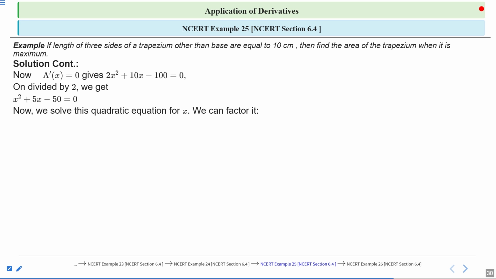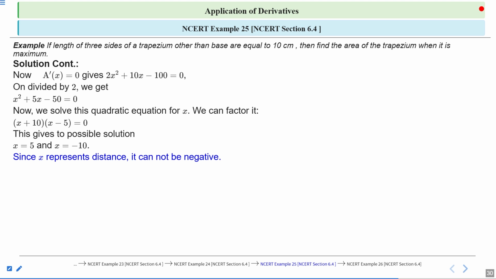We can factor it: x plus 10 into x minus 5 is equal to 0. This gives two possible solutions, x equal to 5 and x equal to minus 10. Since x represents distance, it cannot be negative, so x equal to 5.